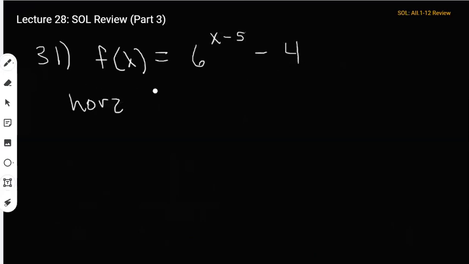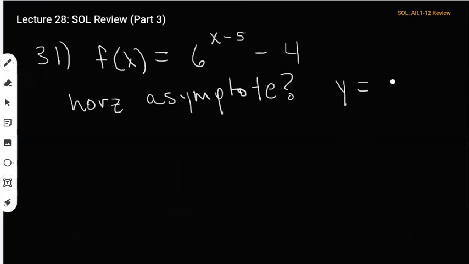And I'm looking for a horizontal asymptote. So a horizontal asymptote is always going to have the equation y equals c, where c is some number.